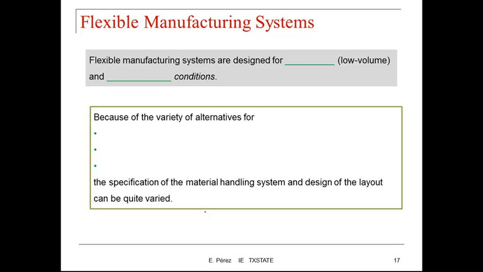Flexible manufacturing systems are designed for small batch, low volume, and high variety conditions. A batch is a group of production items. You're going to group them and move them as a batch.